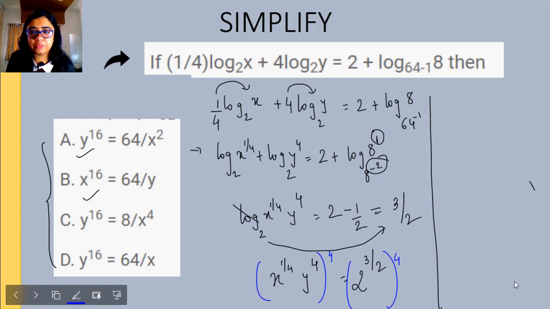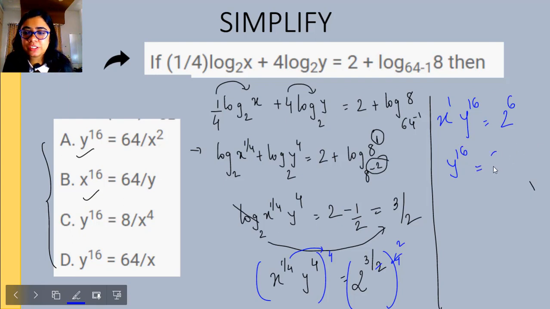Look what remains. x raised to 1 by 4 into 4 will become 1. y raised to 4 into 4 will give you 16. 2 raised to 3 by 2 into 4 will become 3 into 2 which is 6. So you will have y raised to 16 is, what is 2 raised to 6? 2 raised to 6 is 64 upon x, x goes to the bottom.